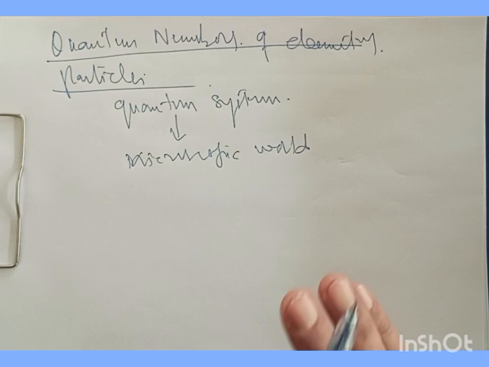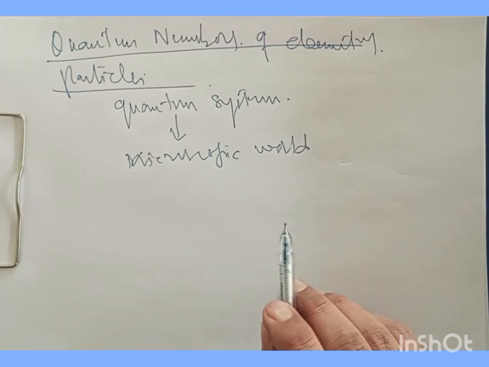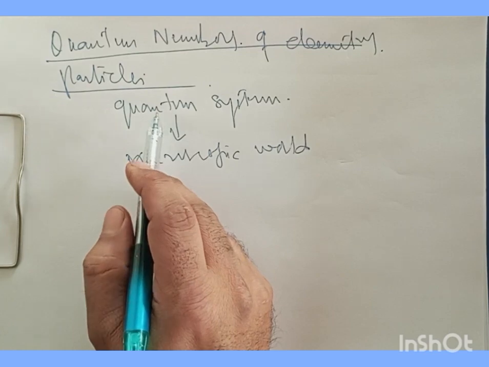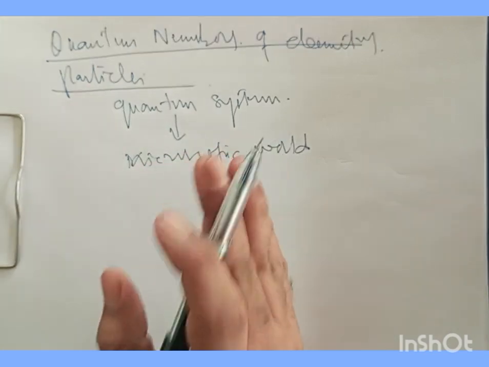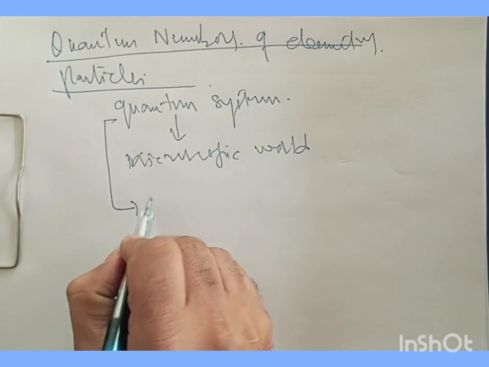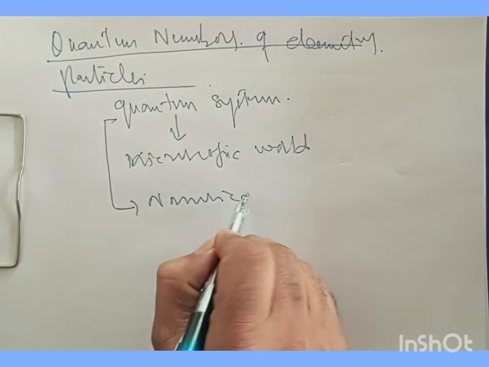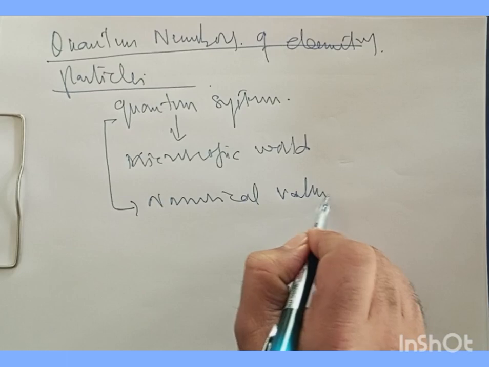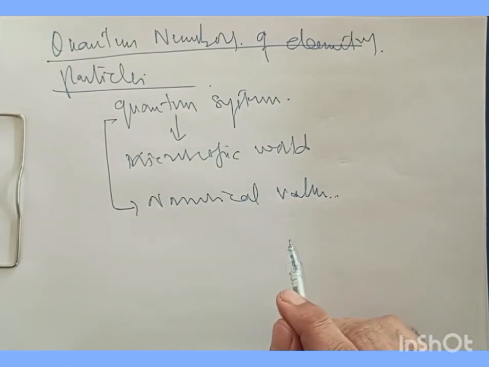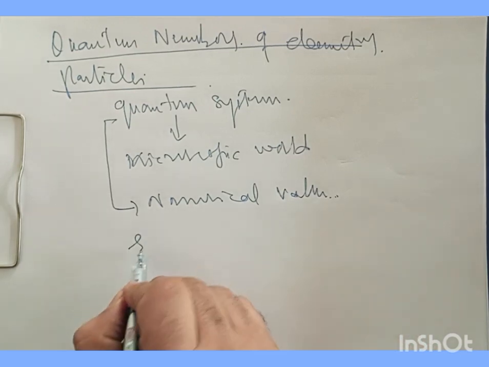In the case of microscopic particles, quantum numbers are defined as a set of numerical values which basically give the solution of Schrodinger's wave equation.